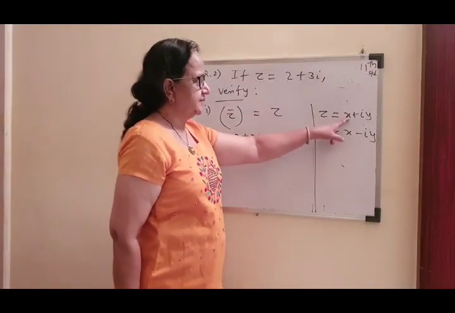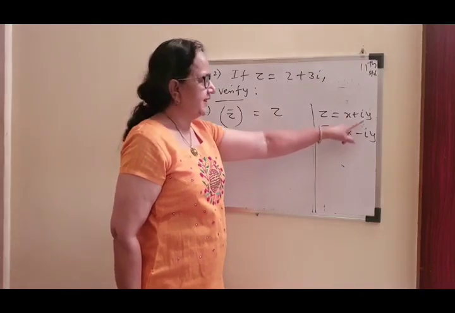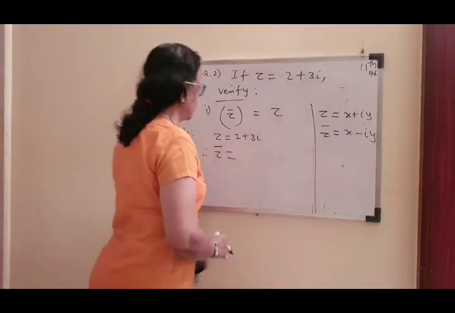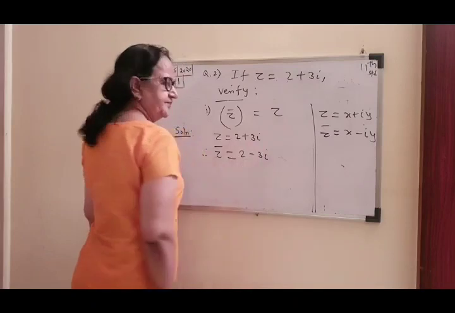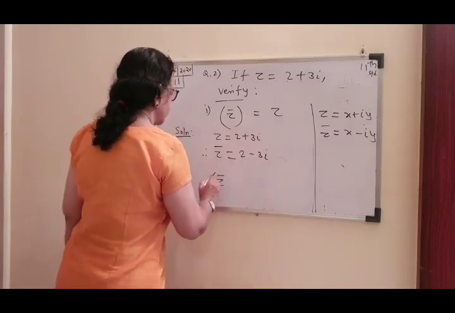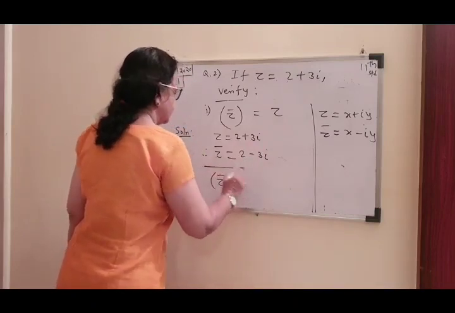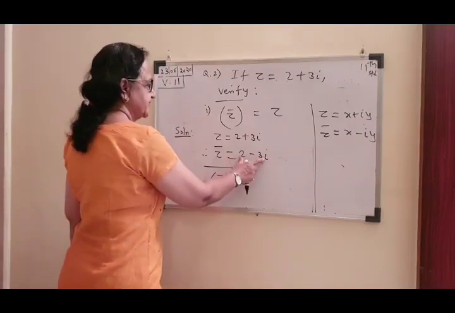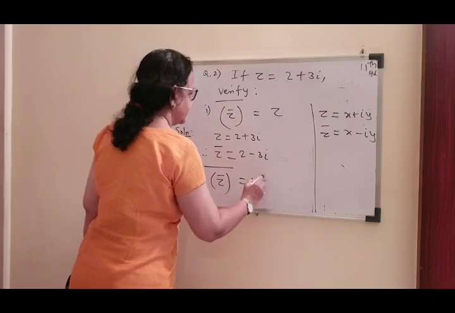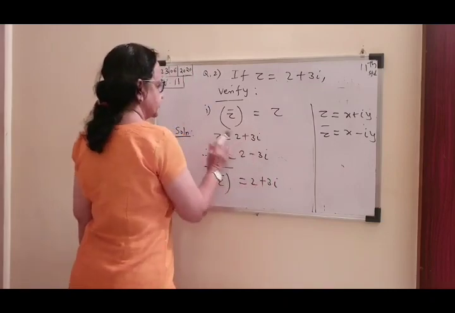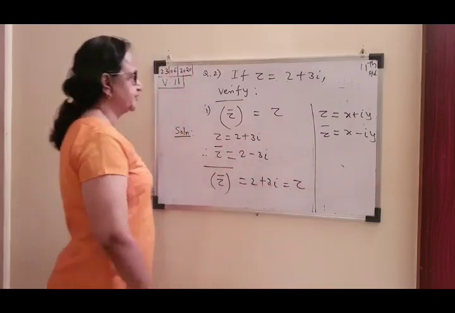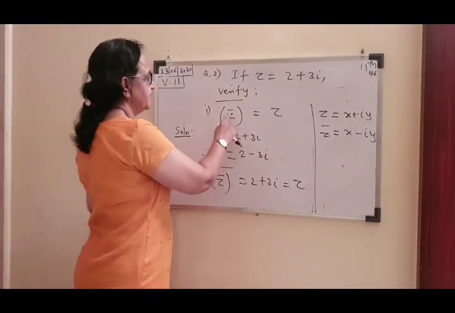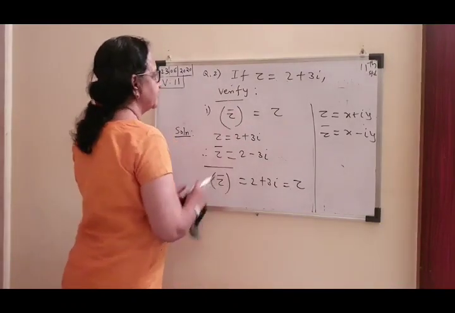So x, which is the real part, never changes. Only iy will change the sign. So 2 minus 3i. And once again, write the conjugate of z bar. Now z bar was this. Conjugate is to change this sign, 2 plus 3i. And isn't it the original number? So the first property, in fact, you proved: z bar bar is always equal to z.